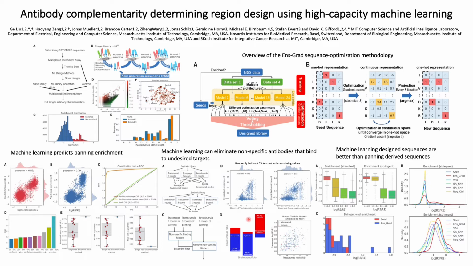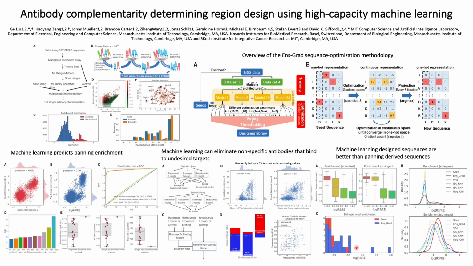their specific binders. And the last way shows how their machine learning designed sequences' enrichment looks. So by using their n-squared, they have shown a positive distribution shift for the enrichment of the designed sequences.